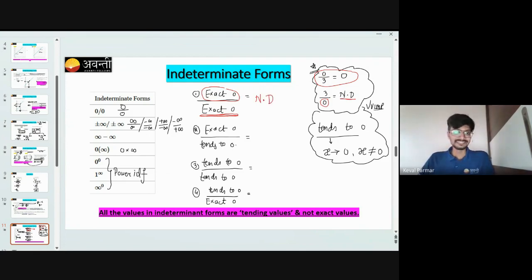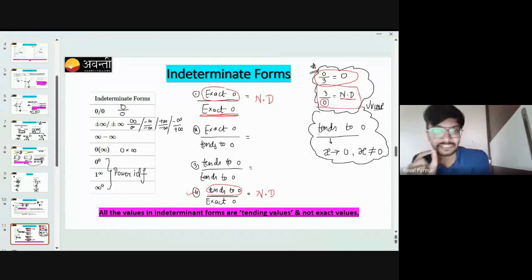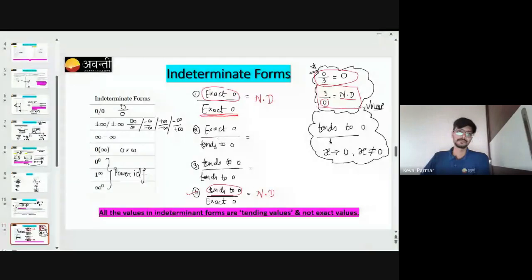Same is the case with case 4. I am not worried about the value in the numerator, but in the denominator it is exact 0, and 0 in the denominator makes the expression not defined. That leaves us with these two cases. Case 2 is exact 0 upon tends to 0.